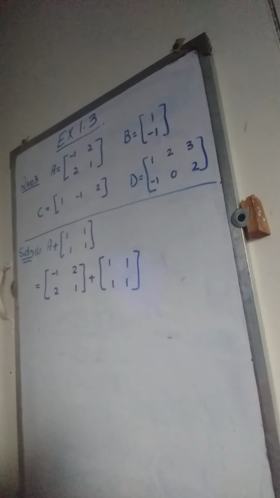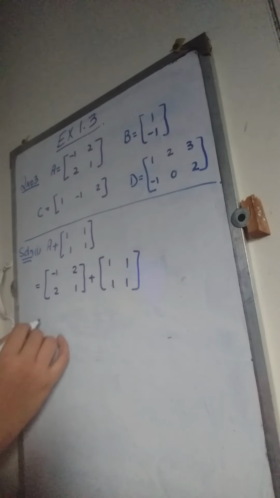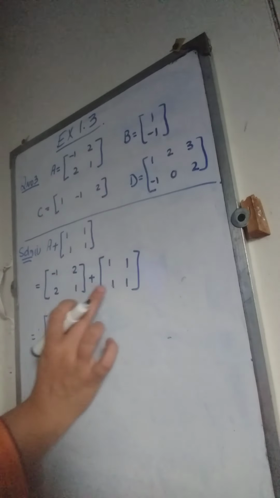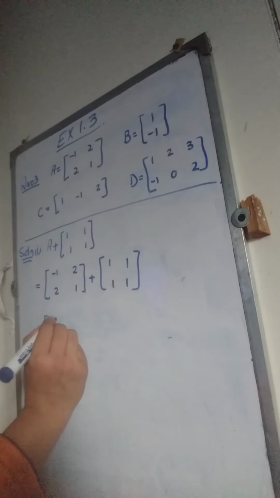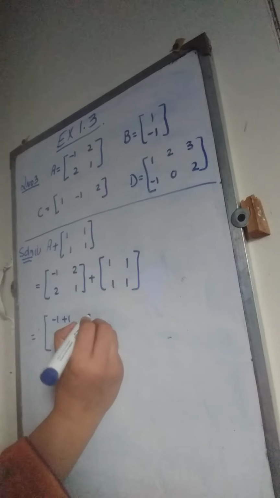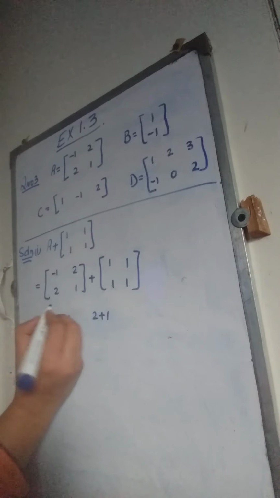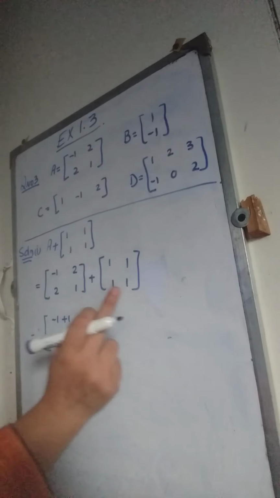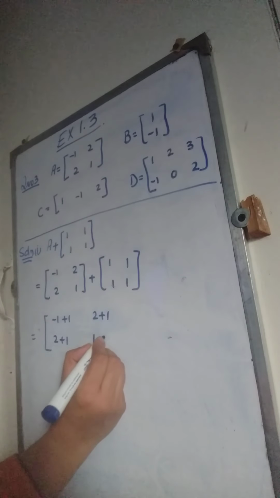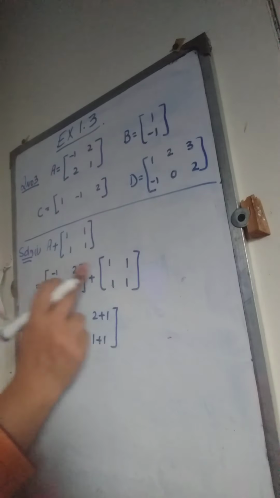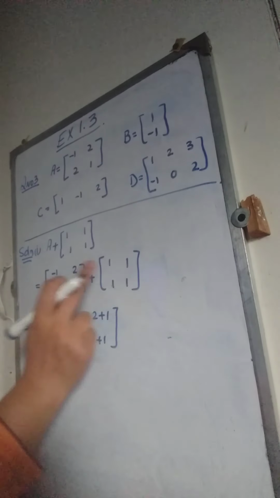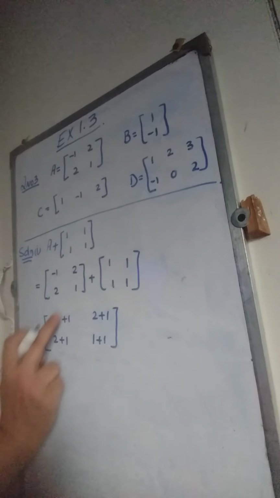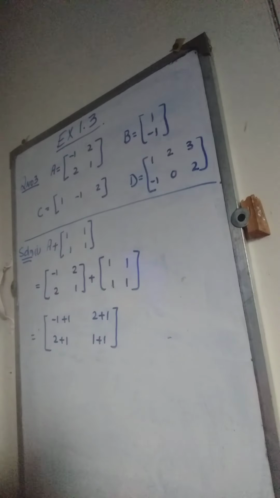The method is the same as we have done in the example. You are going to add the first element to the first, second to the second, third to the third and fourth to the fourth: -1 plus 1, 2 plus 1, 2 plus 1, and 1 plus 1.